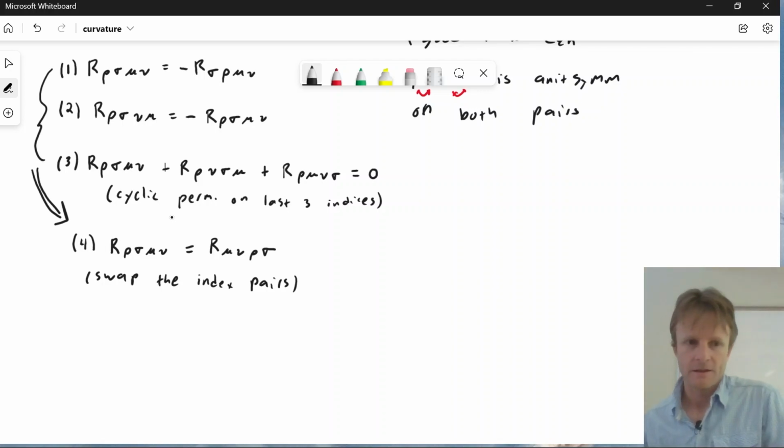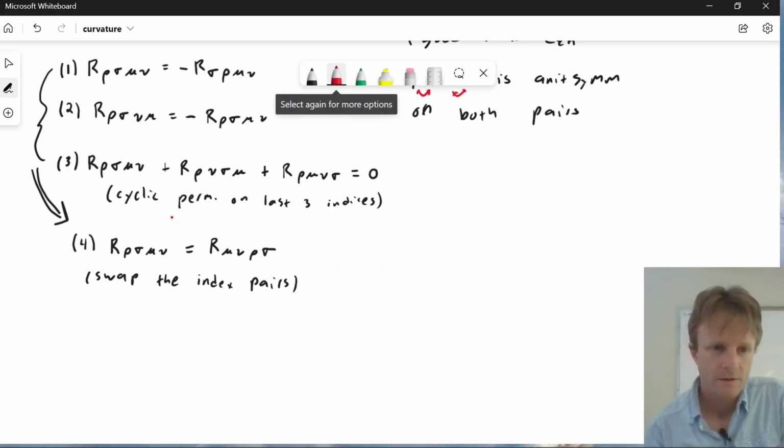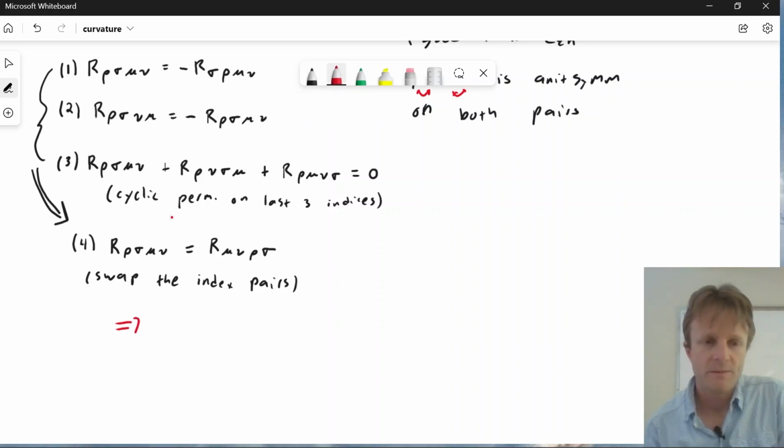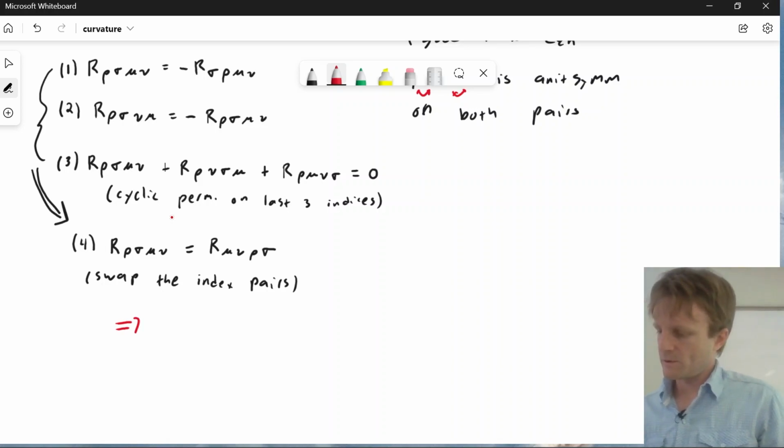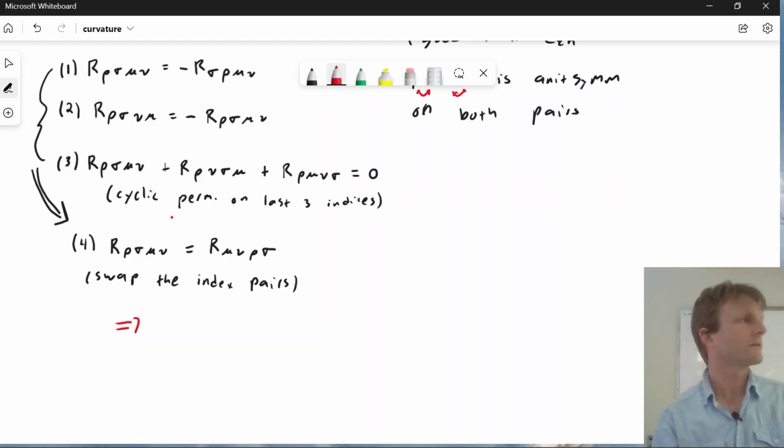Okay. So another consequence of these that I won't go through is the number of independent components. You'd have d to the 4 independent components in a rank 4 tensor, okay?